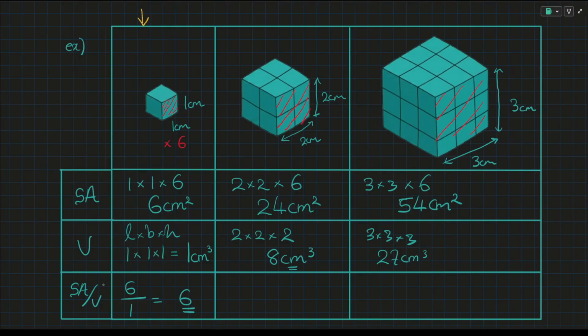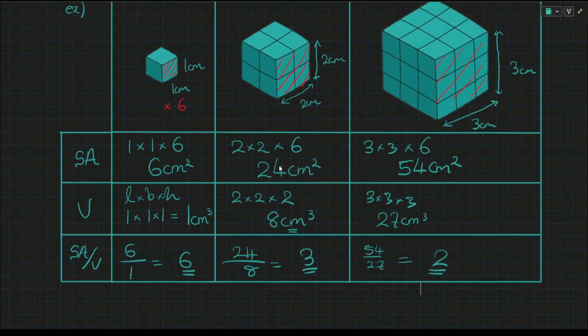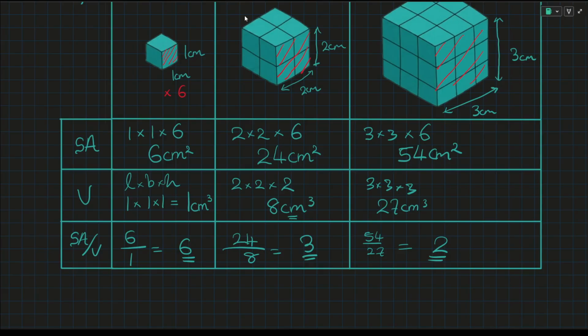Right. Let's calculate the surface area to volume ratios. 24 over 8, which is going to be 3. And then 54 over 27, which is going to be 2. Now, do you notice something? When going from the smallest cube all the way to the largest, our surface area to volume ratio is dropping.